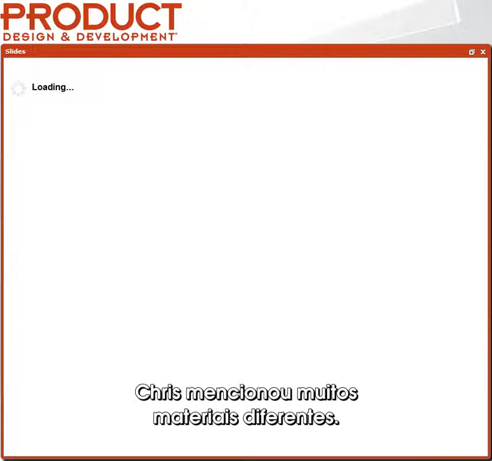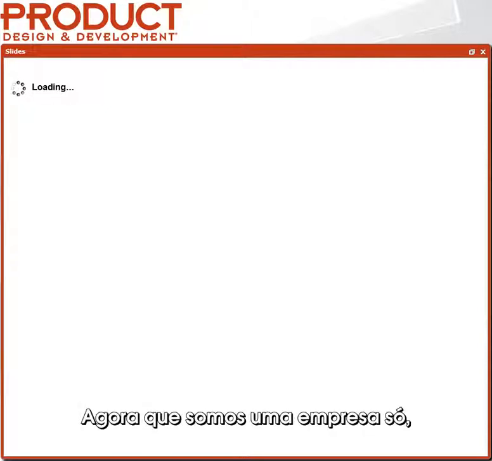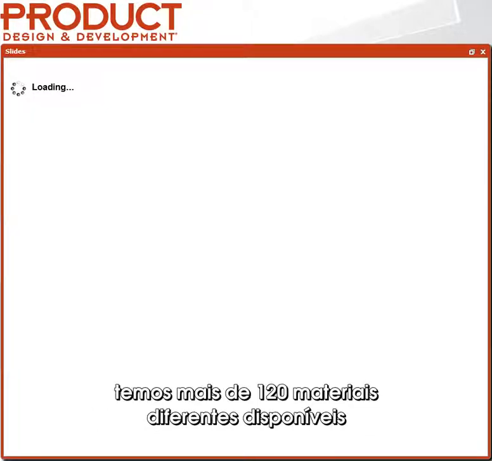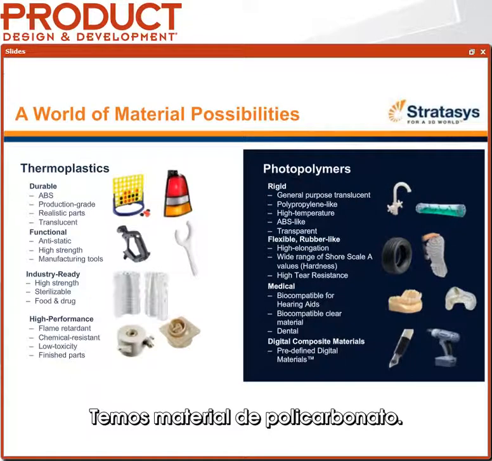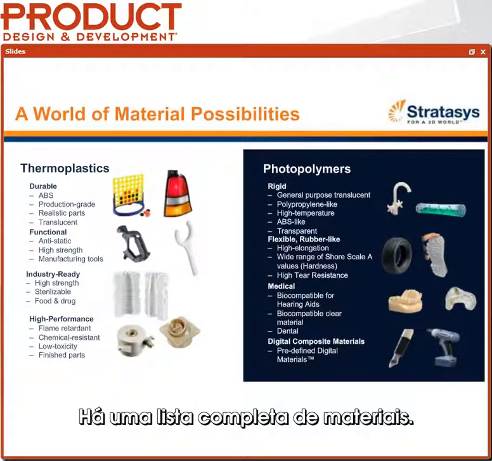Chris referenced lots of different materials, and in the combined company, we now have something like over 120 different materials available for different purposes. We have biomedical material, we have ABS-like material, we have polycarbonate material, we have rubber-like material. There's a whole laundry list of materials.